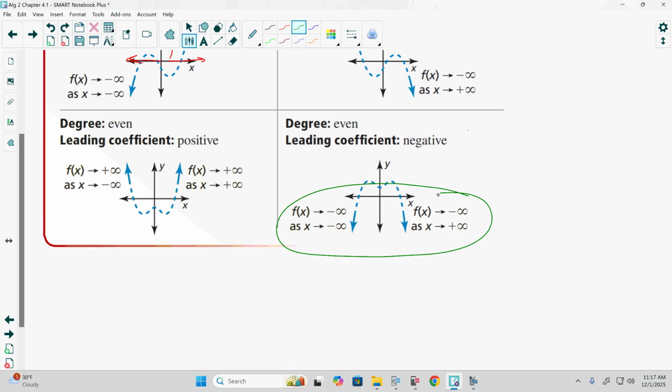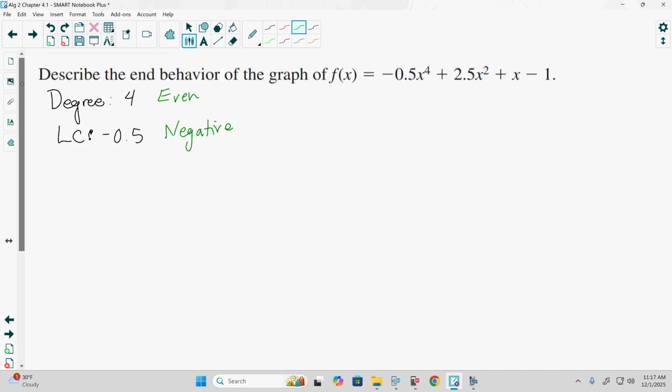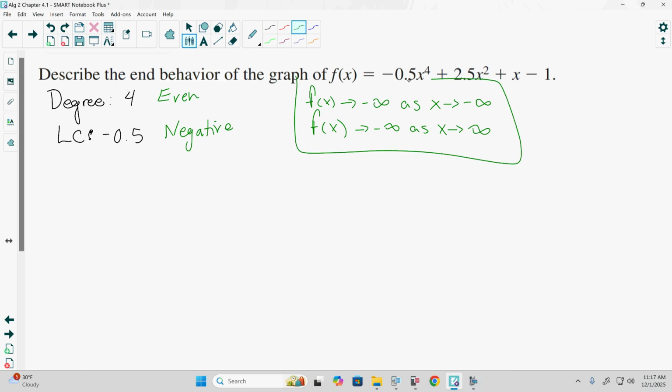So it tells me the end behavior for this is f of x approaches negative infinity as x approaches negative infinity, and f of x approaches negative infinity as x approaches positive infinity. That's it. That's your answer.